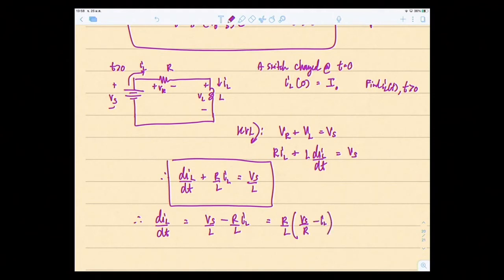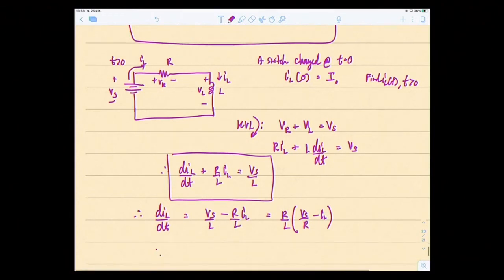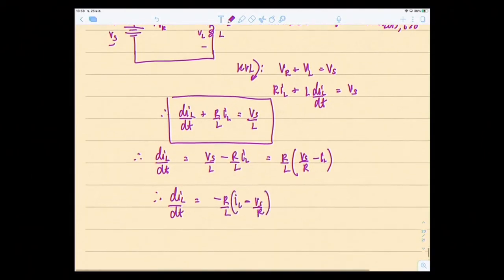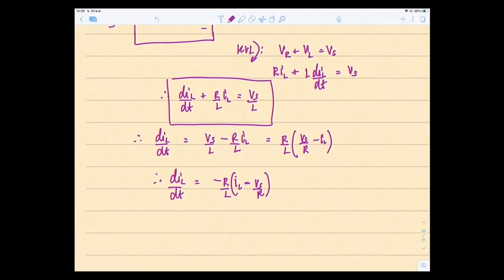So therefore dIL dt becomes equal to minus R over L times IL minus Vs over R. So, separable variables: dIL over IL minus Vs over R equals minus R over L dt.